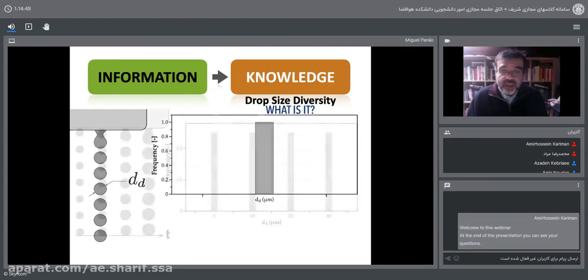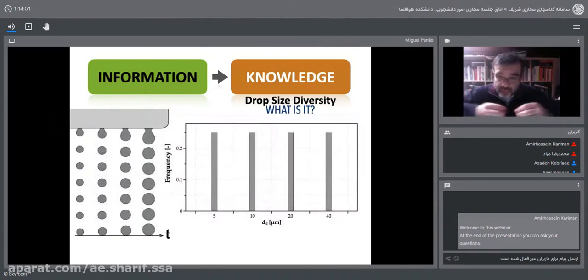It is when you have drops of multiple sizes and all the sizes have the same probability of being present in the spray. So I would say the sizes have the same relevancy in your spray. So can I use the normalized Shannon entropy to quantify the spray uniformity degree?